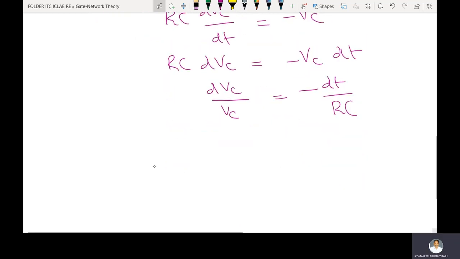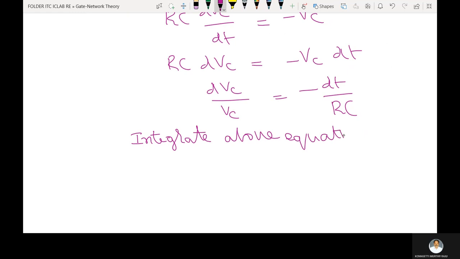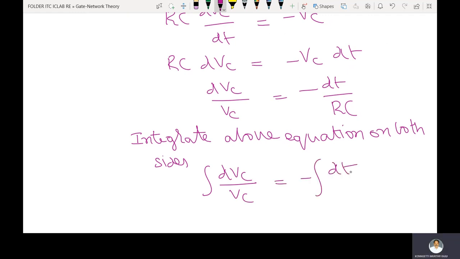Integrate the above equation on both sides. That gives the integral of dVc by Vc equal to the integral of minus dt by RC.